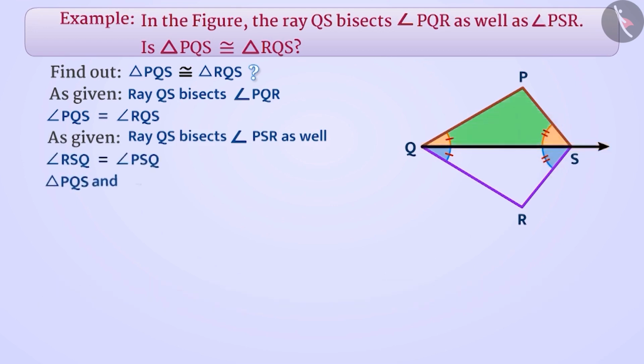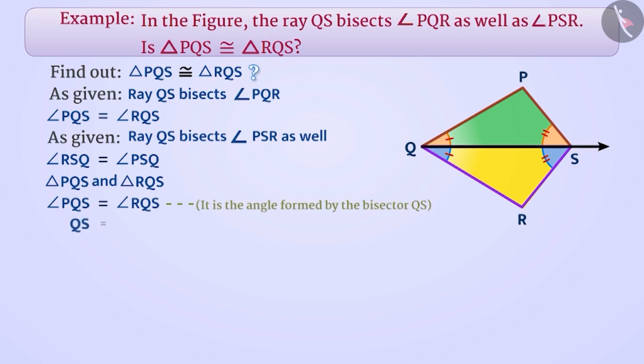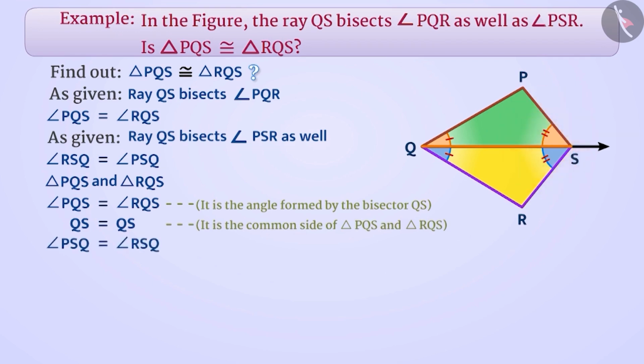Now, in triangle PQS and triangle RQS, angle PQS is equal to angle RQS, since they are the angles formed by the bisector QS. QS is equal to QS, since this is the common side of triangle PQS and triangle RQS. Similarly, angle PSQ is equal to angle RSQ because they are the angles formed by the bisector QS.